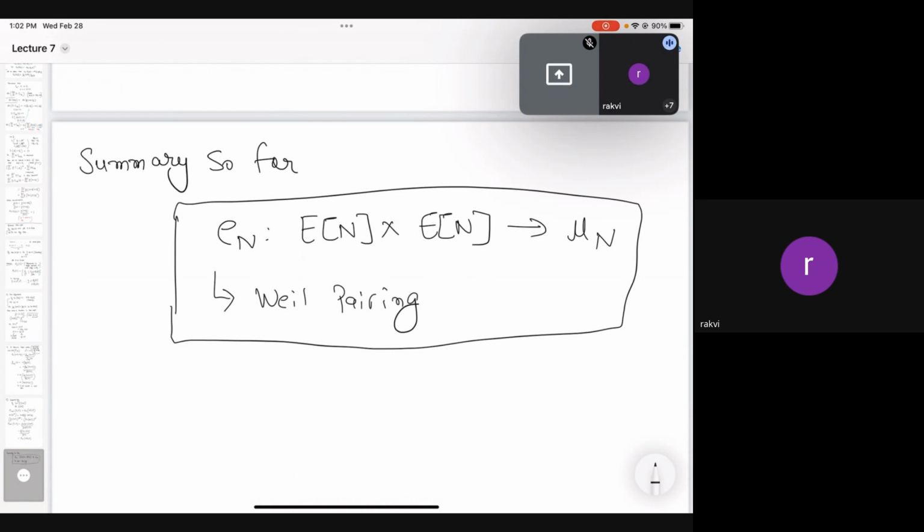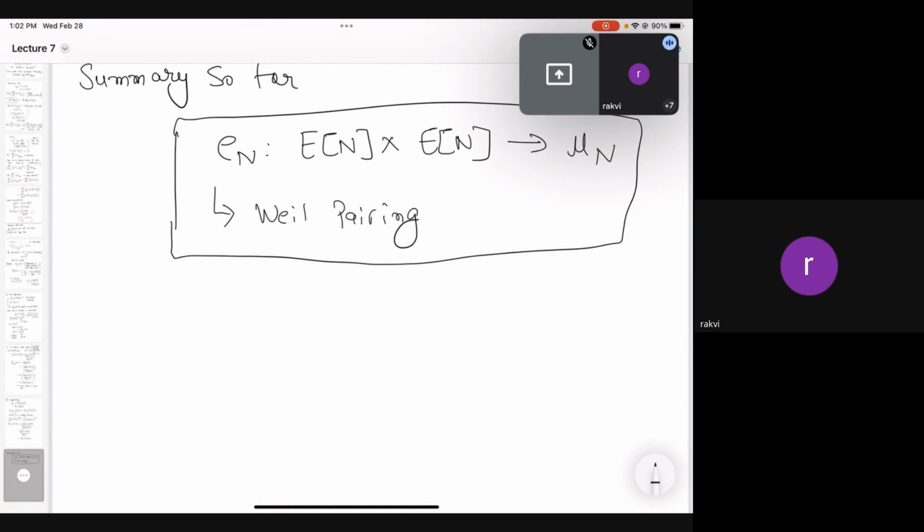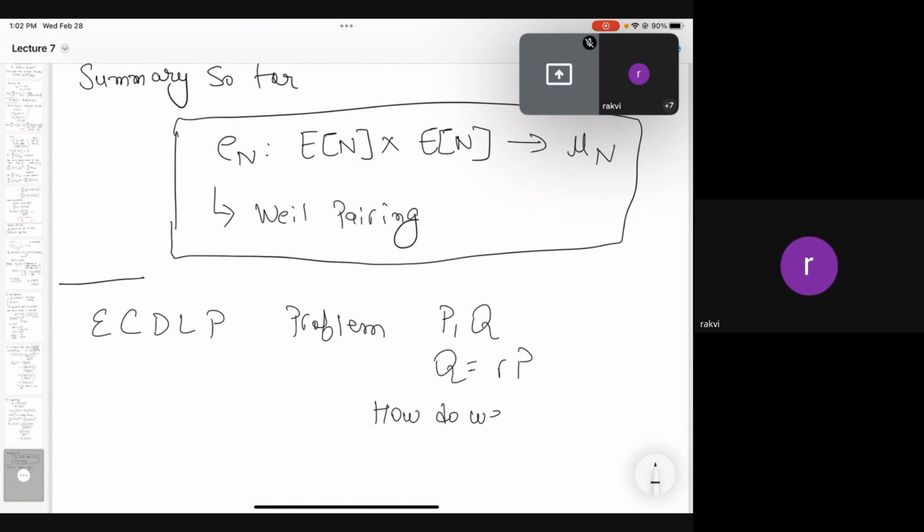Remember how this story started, because we were trying to study how to attack certain problems. So let's go back to the elliptic curve discrete logarithm problem. The problem is, if I take two points P and Q, and I know that Q is R times P, how do we find R? This was the problem.